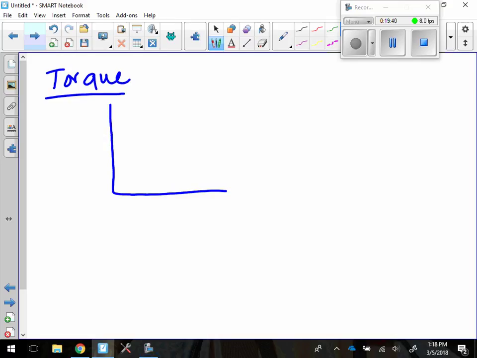So I'm going to give myself a coordinate system here. X, Y, Z. Please note that X is coming out of the board. And that's actually really important. And this is a situation where you do not get to choose what this looks like. Okay. So I've got a particle here at point A, and it's located at some position vector r from the origin.